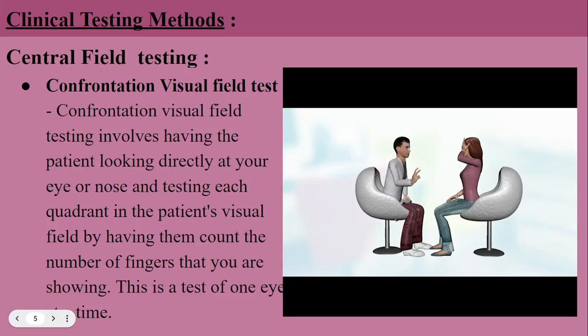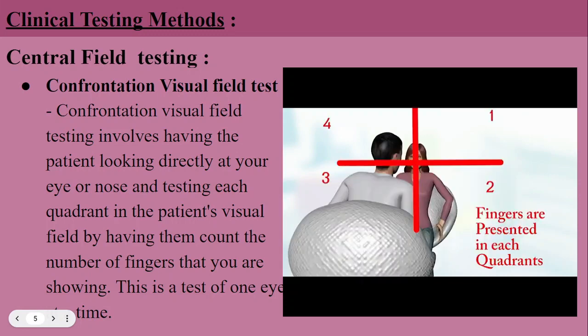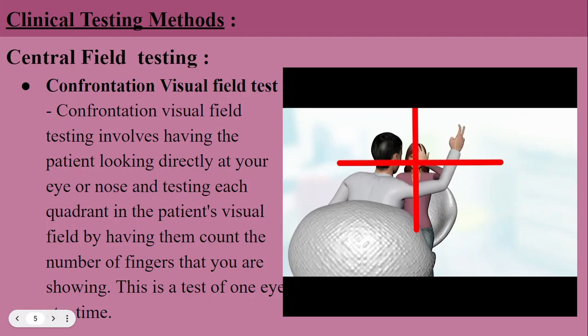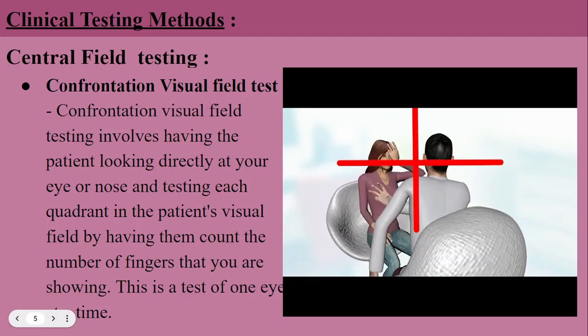This type of testing can detect a gross visual field defect, but is not as sensitive or specific as other visual field testing methods. It is usually performed as a screening test in a routine eye exam or as a quick assessment of visual function in a patient with suspected visual impairment.